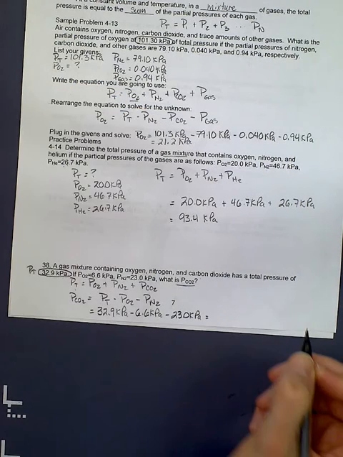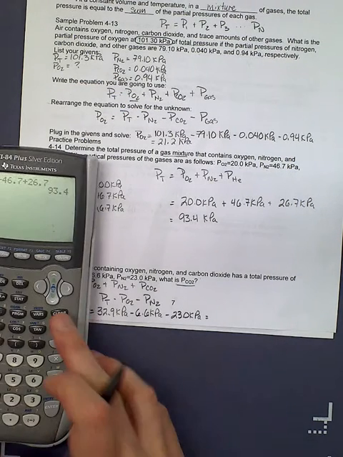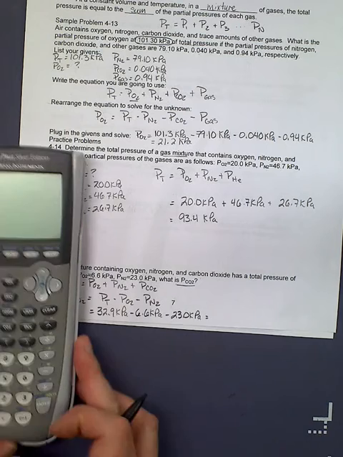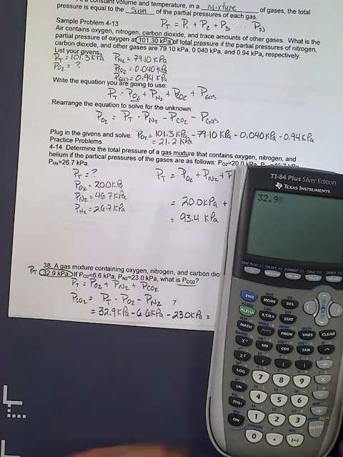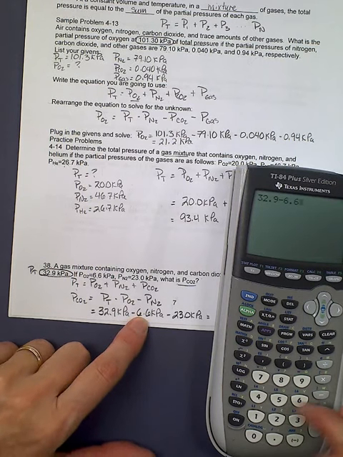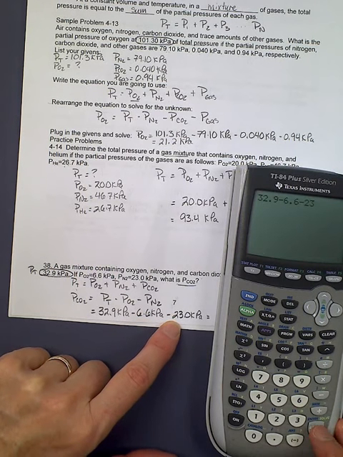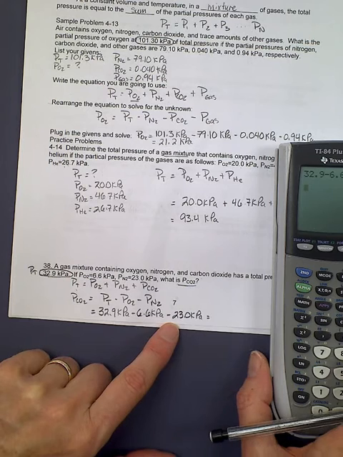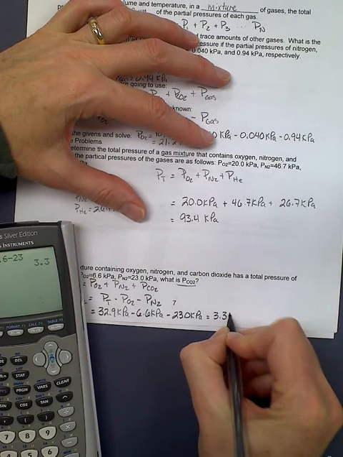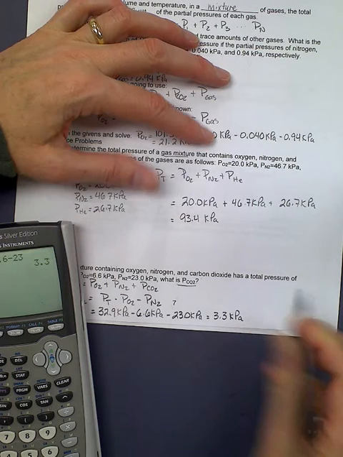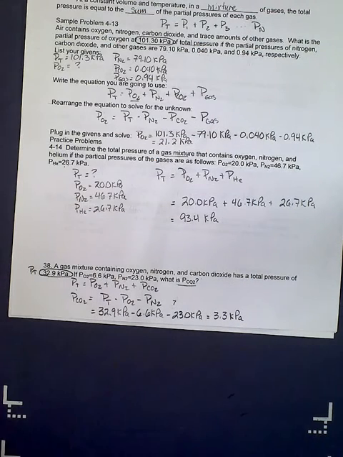And so we end up with 32.9 minus 6.6 minus 23. And we end up with 3.3 kilopascals. So that's pretty straightforward. We like Dalton's.